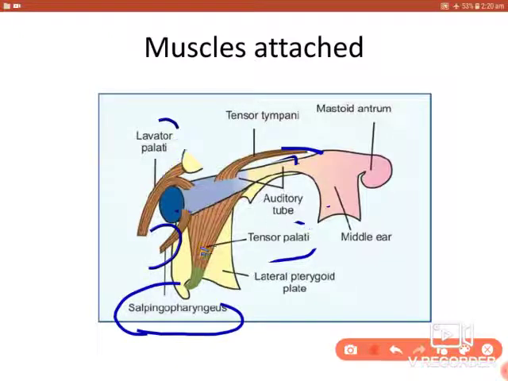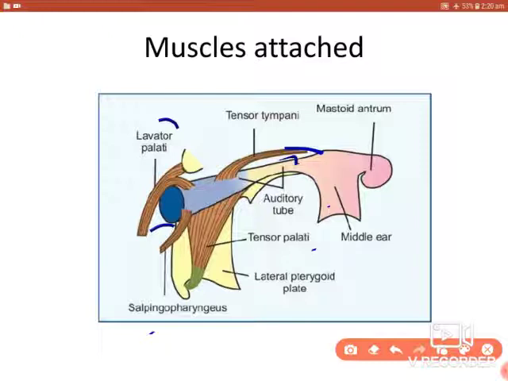Okay. So the function of the auditory tube is to maintain an equilibrium of air pressure on each side of the tympanic membrane. At rest the tube is closed. During swallowing, yawning and sneezing, it reflexly opens. The tube is opened actively by the contraction of the tensor veli palatini muscle, which helps to open the tube.